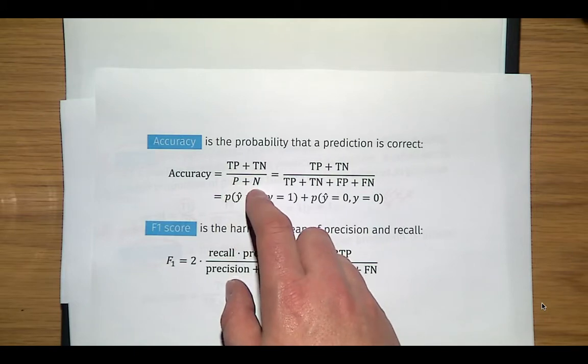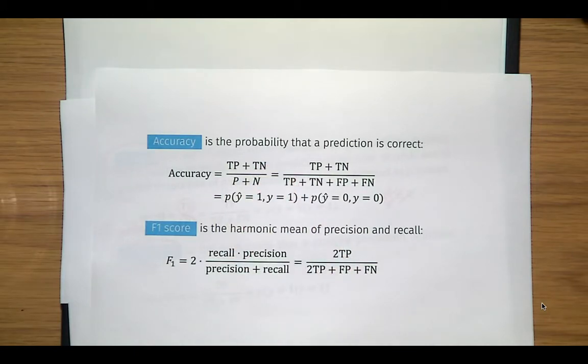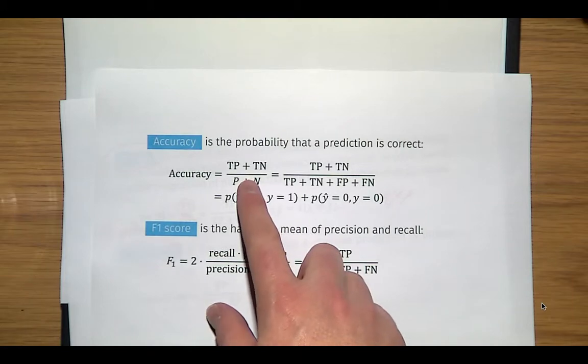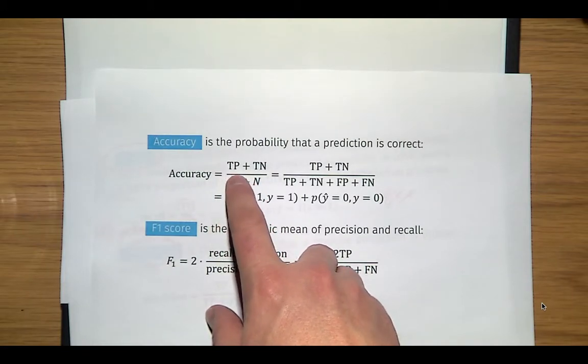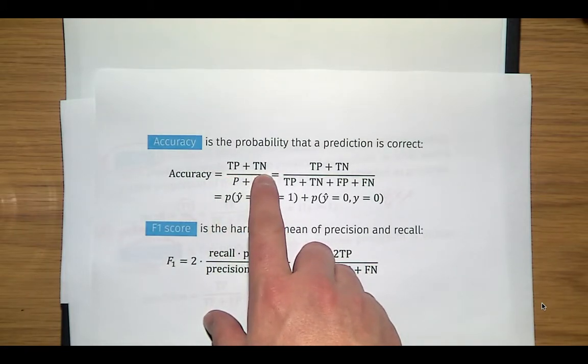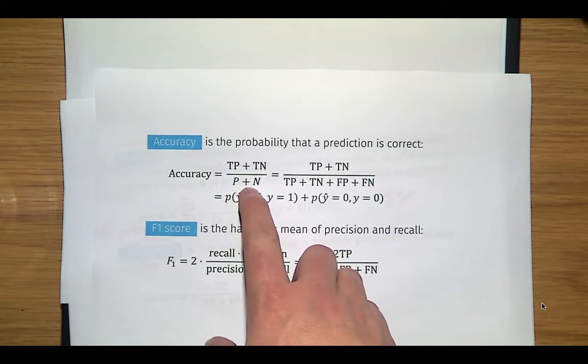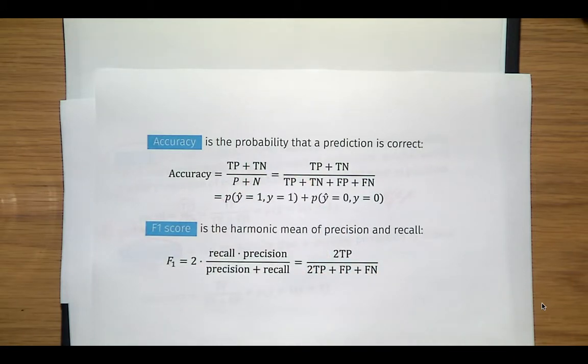Okay, so p plus n, that would be the number of observations you have in total. So you're looking at the number of times you're correct, so true positive plus true negative, divided by the number of observations you have. Okay, so what percentage of your predictions are actually correct or not? Okay, so 1 minus this number would be the number of times you're incorrect.